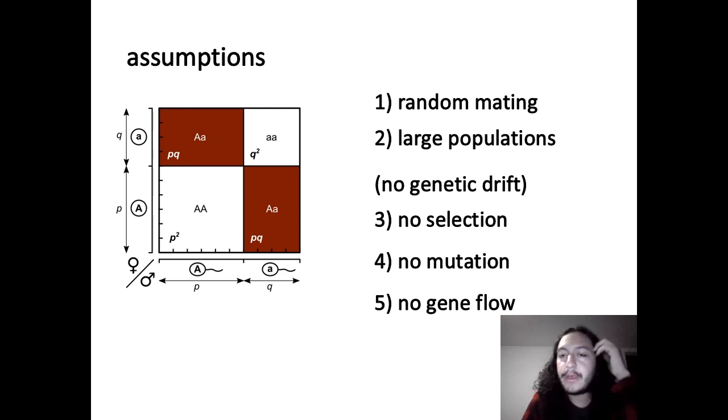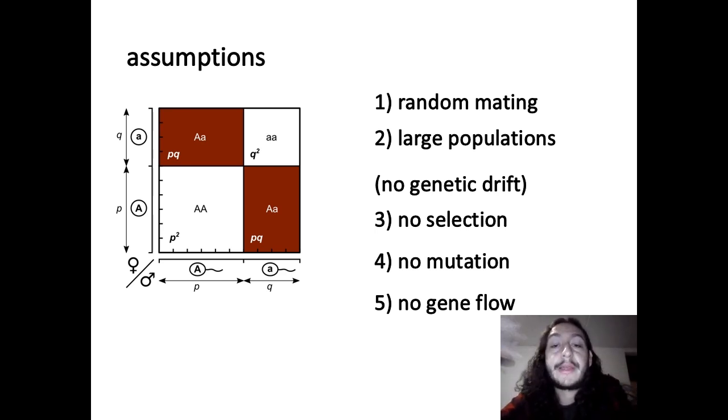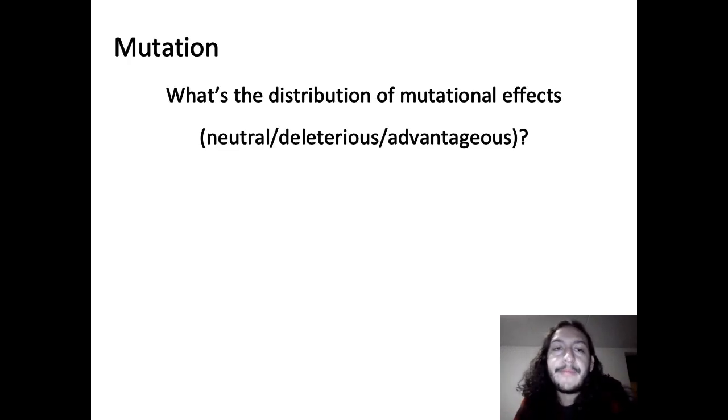Now we go to the next assumption, which is no mutation. And this is also an interesting avenue that we then go into. Explaining evolution, mutation is actually a key part of how evolution actually happens. So mutation is going to be the process in which there is a generation of genetic variation over which natural selection is going to act.